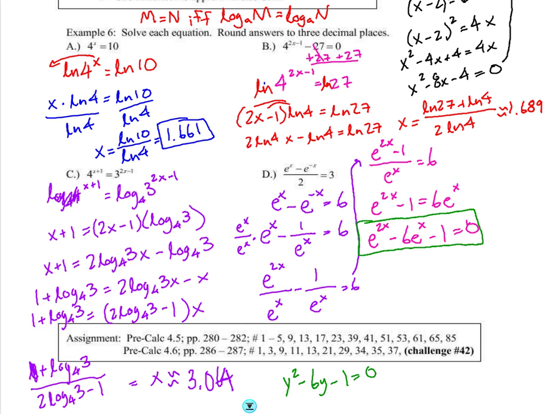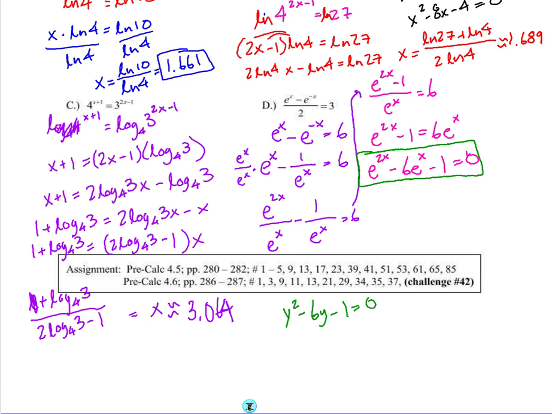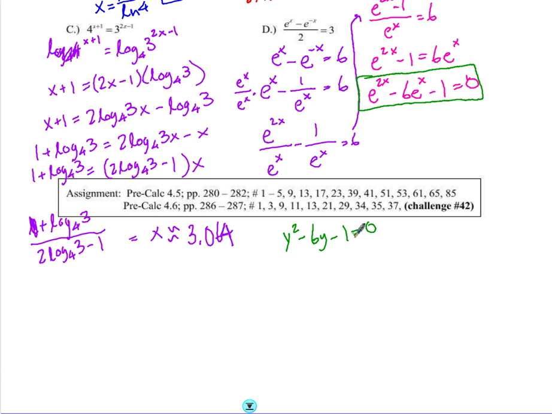Well, let's just say in this problem, let's make y equal to e to the x power. It's kind of a substitution method that we'll definitely use in calculus later on. So let's substitute, and let's make e to the x just this y value. So if I have y's now, and I'm looking to solve, if I completed the square, I would do y squared minus 6y is equal to 1, and I would divide in half and square, which gives me a positive 9.